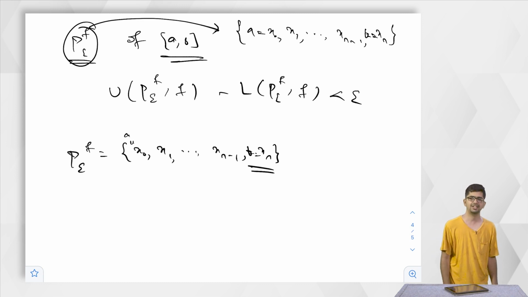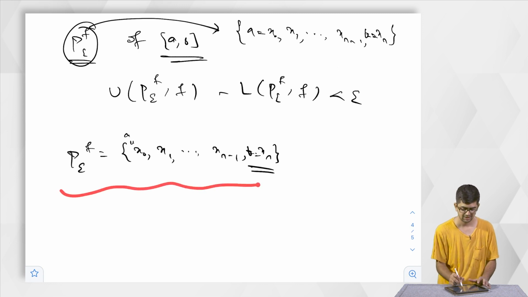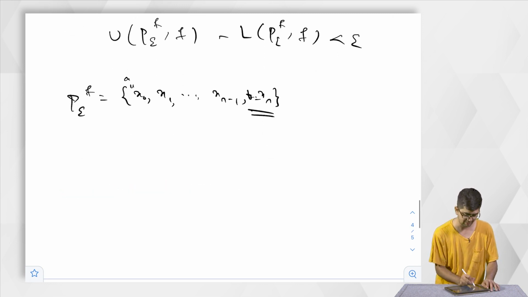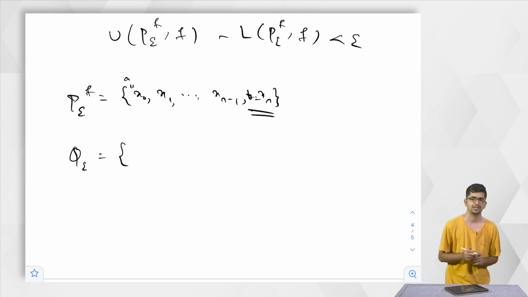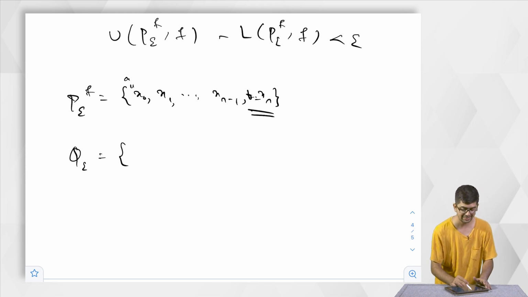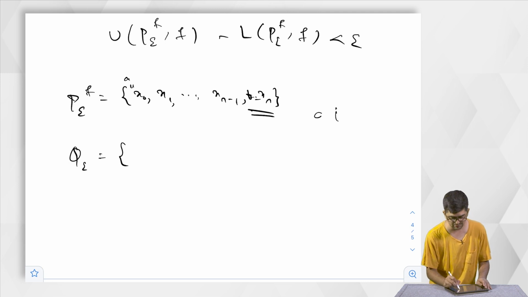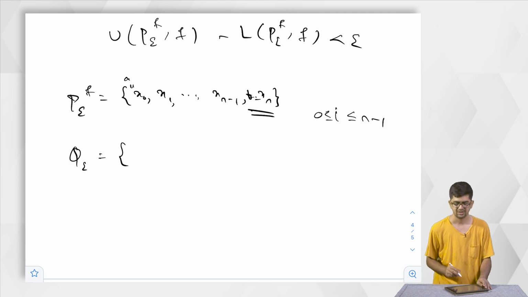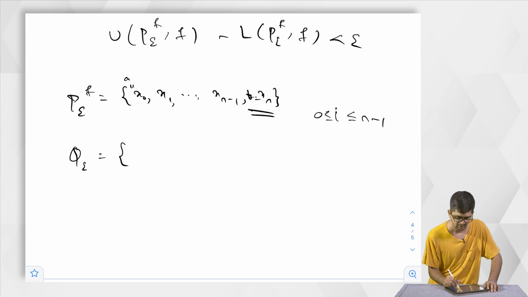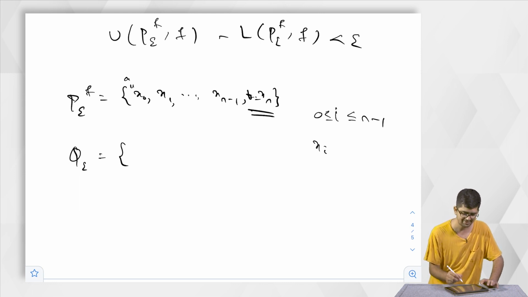Now we will add c comma d, both c and d, to this to get a refinement of that. I am calling that q epsilon. Now the question is, where should I add? I should look for i, 0 less than or equal to i less than or equal to n minus 1, such that xi... see, we have said that none of the elements are elements of c comma d.